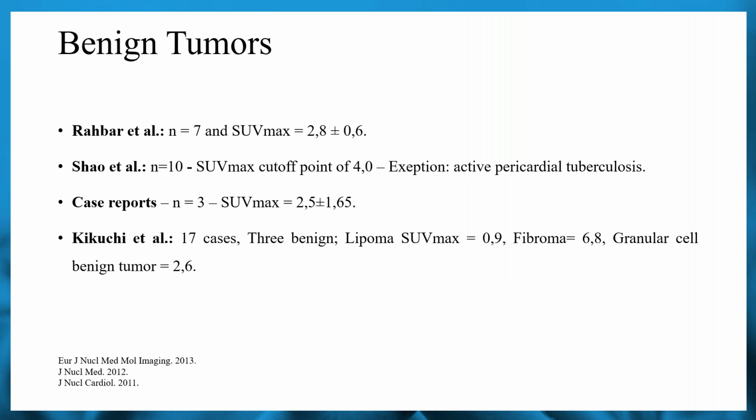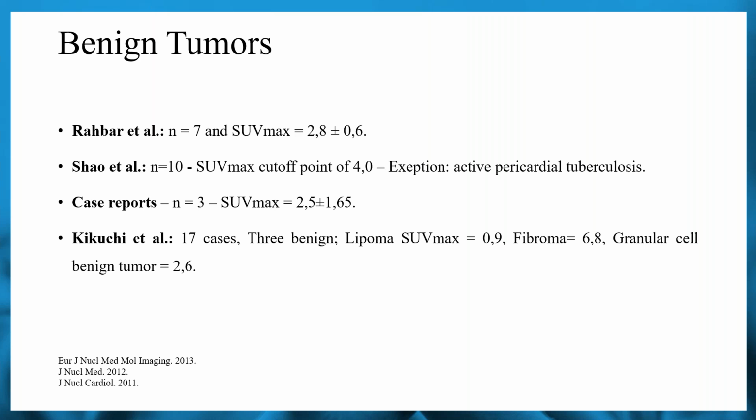In the Rabar study, there were 7 patients with benign tumors, and the mean SUVmax was 2.8. And the Shao and colleagues study had 10 patients presenting benign tumors. They established an SUVmax cutoff point at 4, and it correctly detected 9 out of 10 patients with benign tumors.